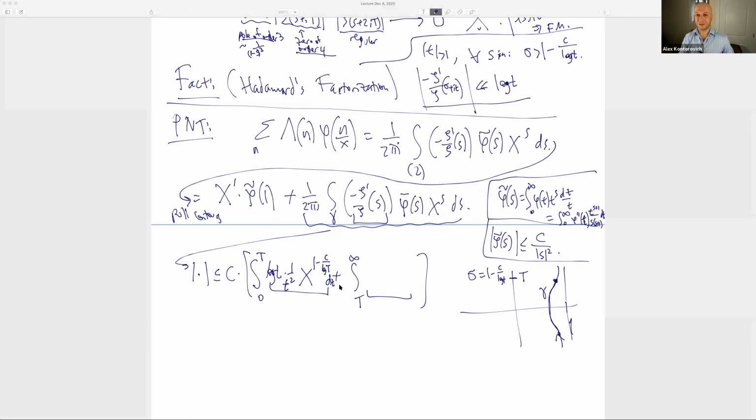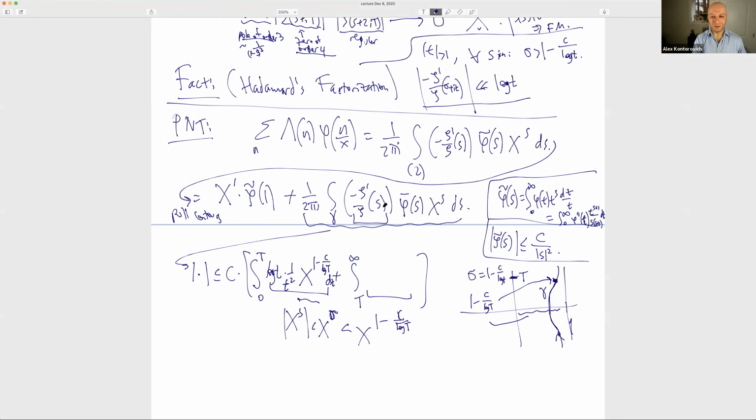Does everybody see that? I'm bounding x^s by x^σ, and the largest σ gets is whatever it was at this height. The real part here is 1 minus constant over log T. So far, so good?